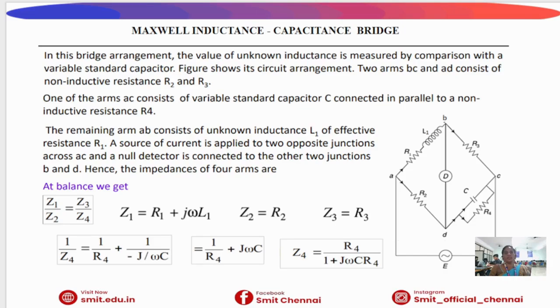Z4 is the impedance of the parallel combination of resistor R4 and capacitor C. The impedance of this parallel branch is Z4 equal to R4 by 1 plus j omega C R4.